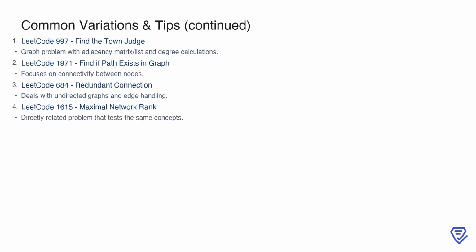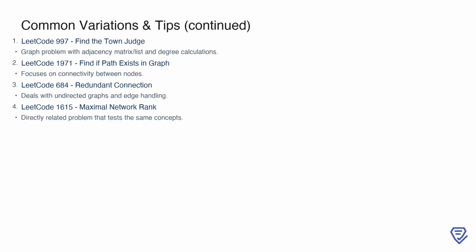This problem shares concepts with several related graph problems, which are worth exploring to deepen your understanding. For example, LeetCode 997, Find the Town Judge, is another graph problem involving adjacency matrices or lists and degree calculations. LeetCode 1971, Find if Path Exists in Graph, focuses on connectivity between nodes, a foundational concept in graph theory.